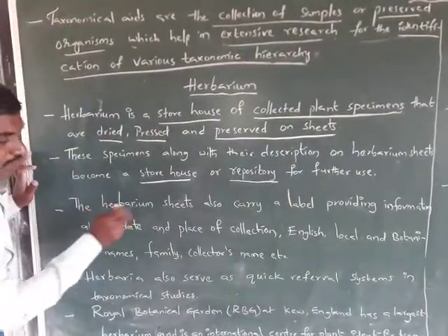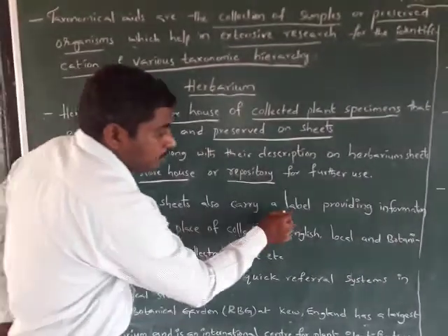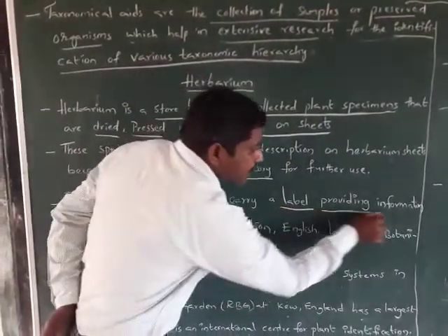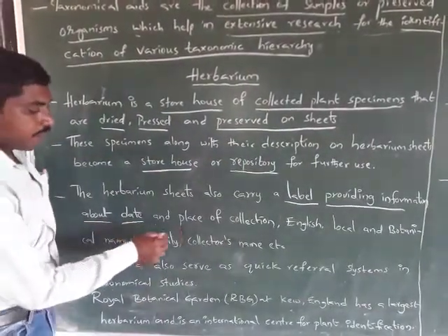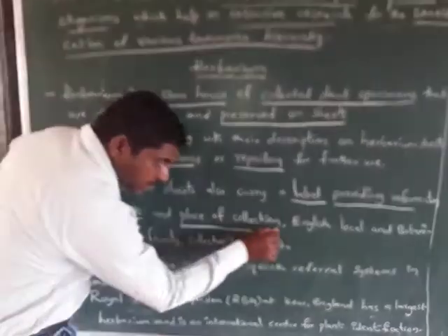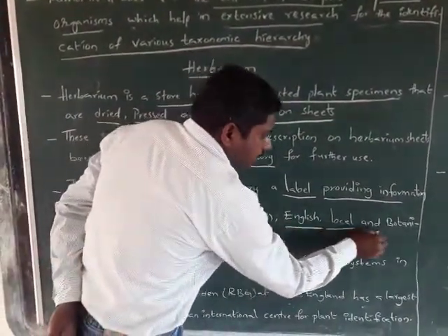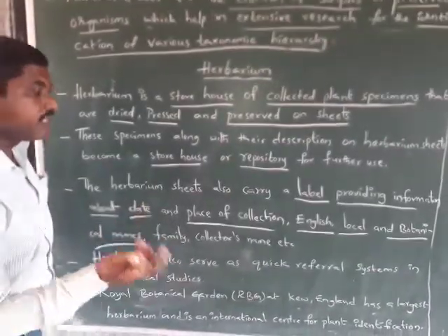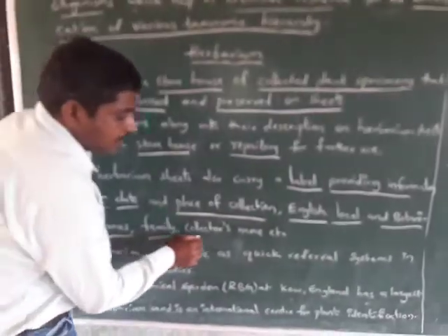These herbarium sheets also carry a label, which provides information about the date and place of collection, and the English, local and botanical names, family name and collector's name.